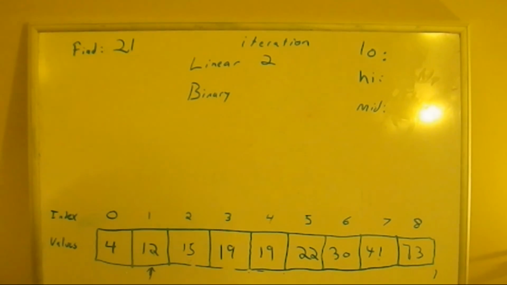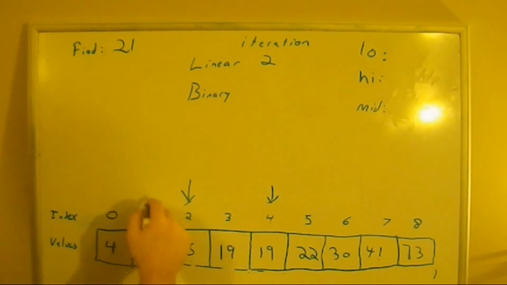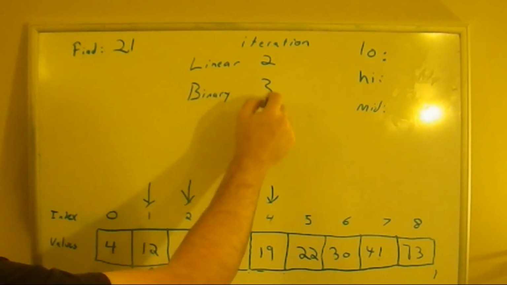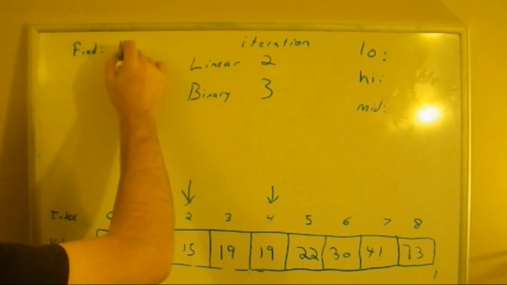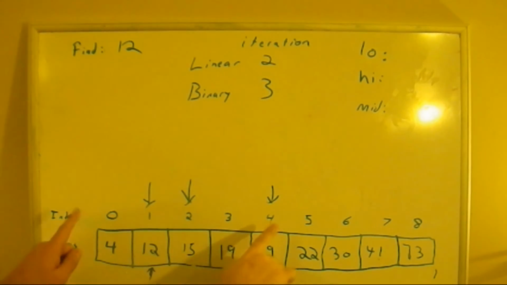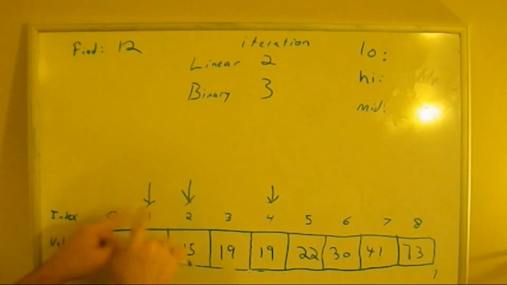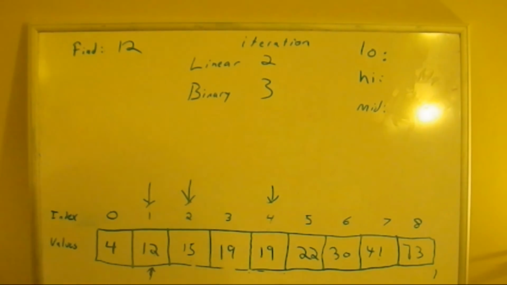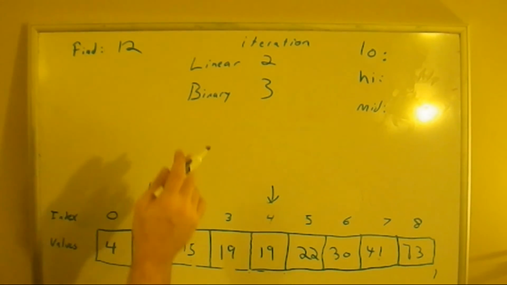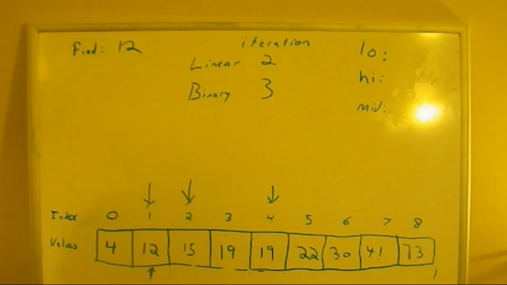However, if I wanted to do a binary search, it would take me 3 iterations, because I'd have to split it in half, split it again, and then I would find it. So notice that only in a few cases is a linear search more efficient than a binary search.